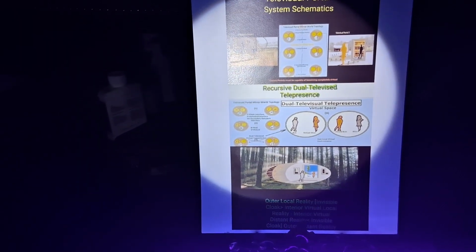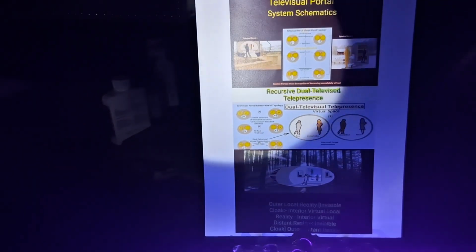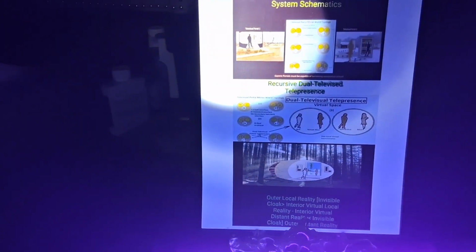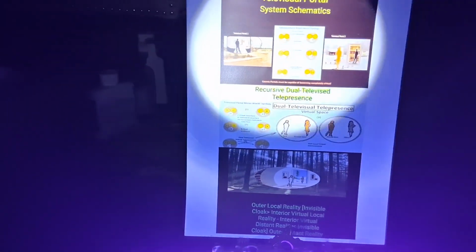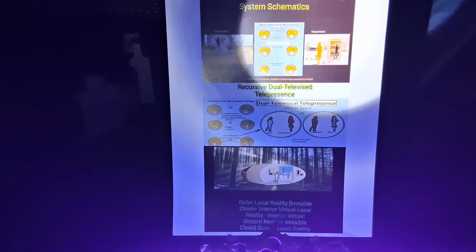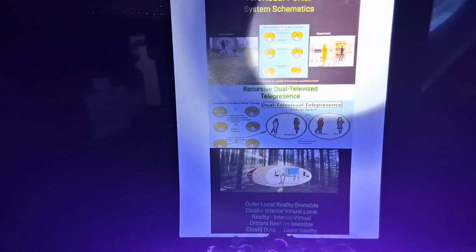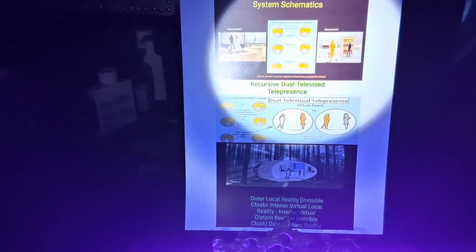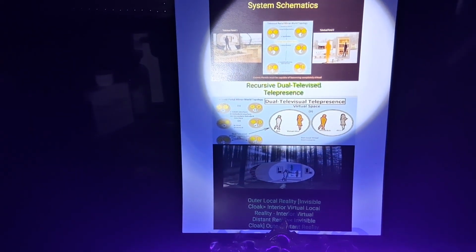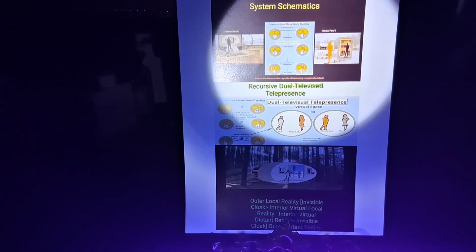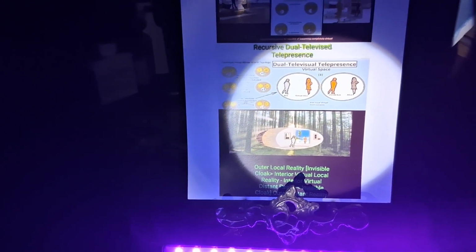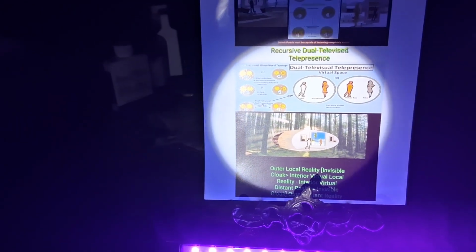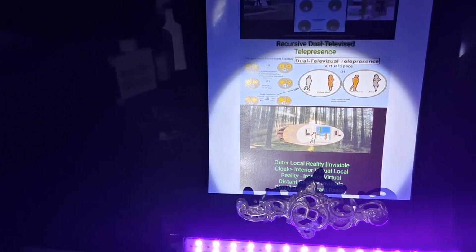And it's a recursive dual-televised telepresence. Here's his holodeck, or here's his portal, John's portal. Here's the inside of John's portal, his holodeck would be her virtual form, but she would be off in her own portal somewhere else. And this is another display of that.